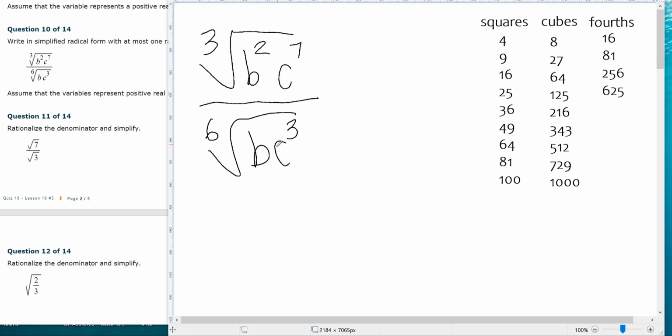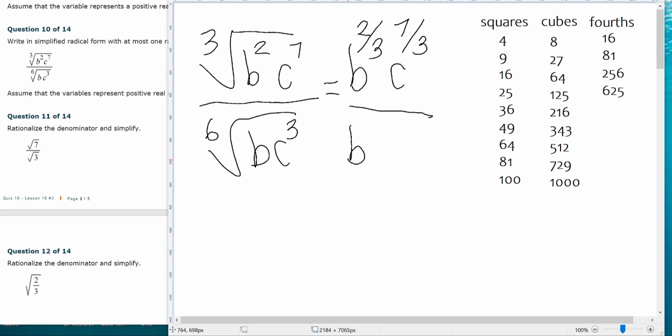If they did, we could just reduce with what's on the inside. But I'm going to have to write this b to the 2 over 3 root times c to the 7 over 3, because 3 is the root. That's over b to the 1/6 and c to the 3/6.